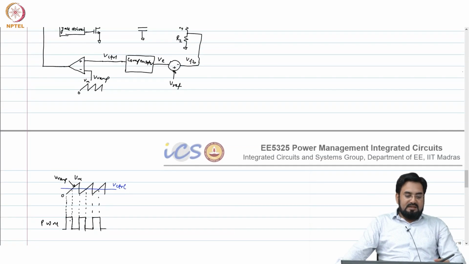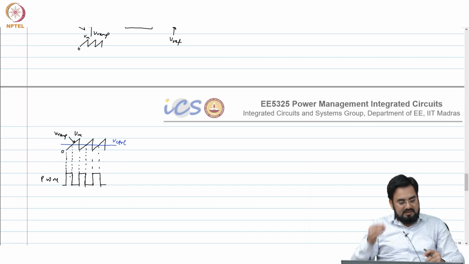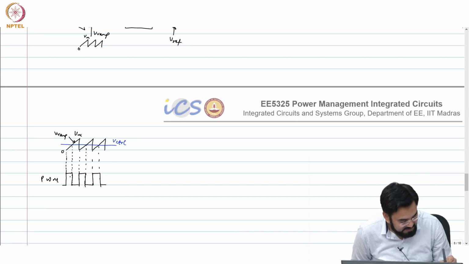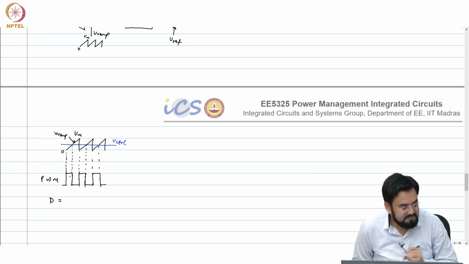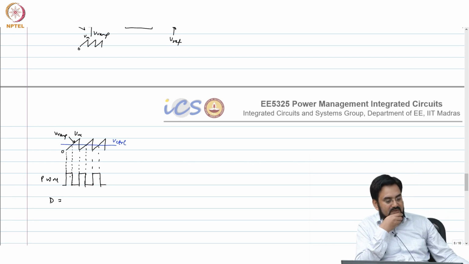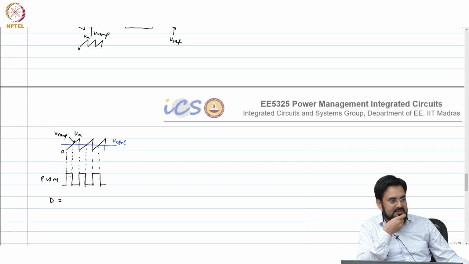So in terms of V control and VM, if I want to write the duty cycle, what will be the duty cycle? If, let's say, V control becomes 0, what is the duty cycle? 0. Okay. If V control becomes VM, what is the duty cycle? 100%.